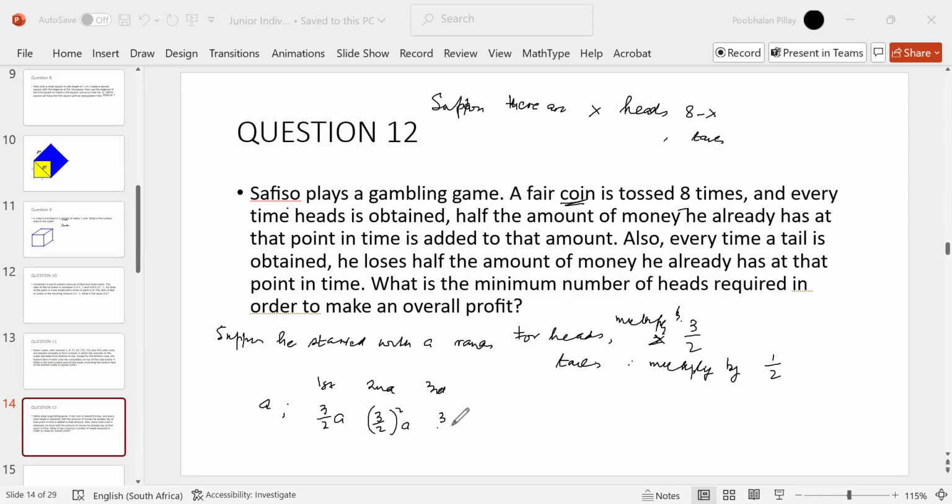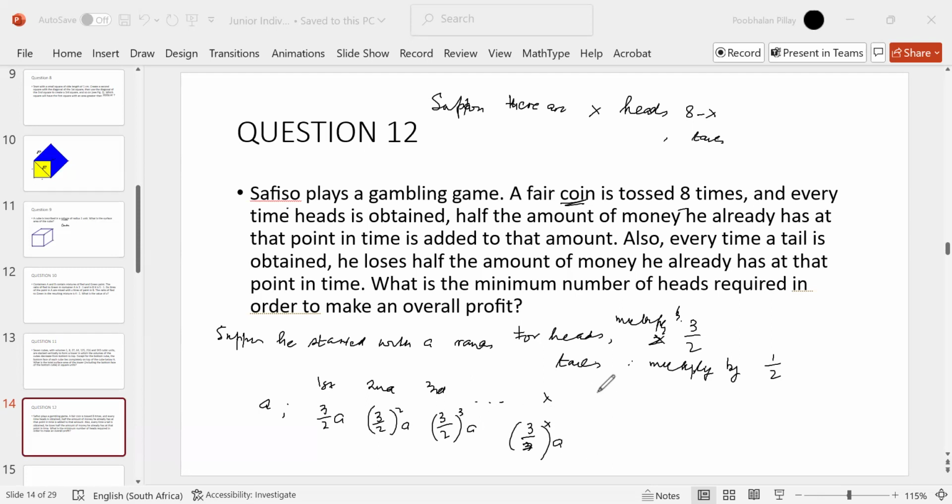So you multiply whatever you had by 3/2, and you come to this. But the x throws, right? So in other words, for the x heads, it's 3/2 to the power of x. Third throw is 3/2 cubed times A.